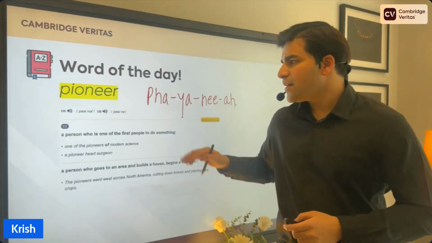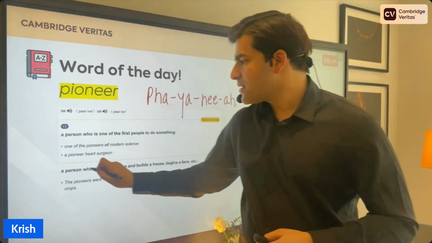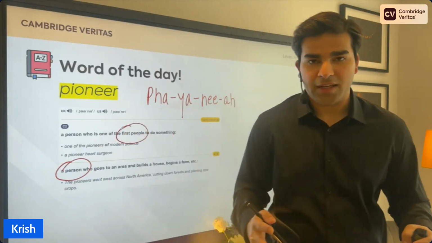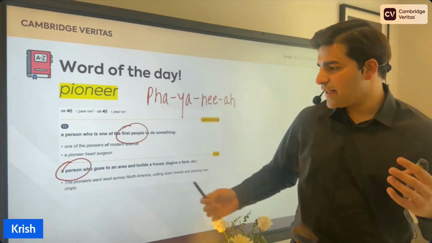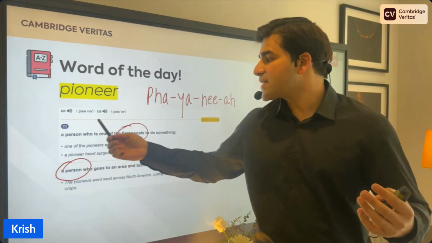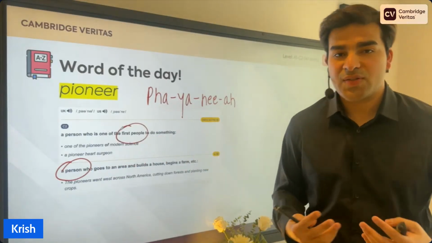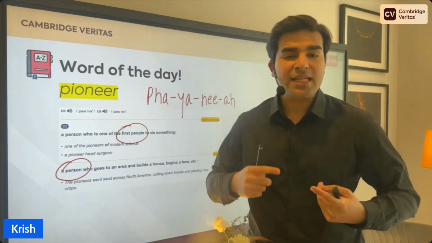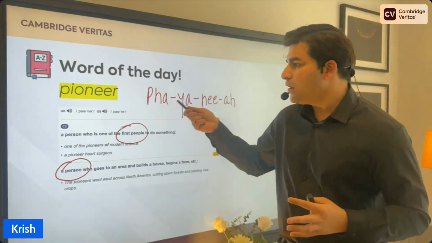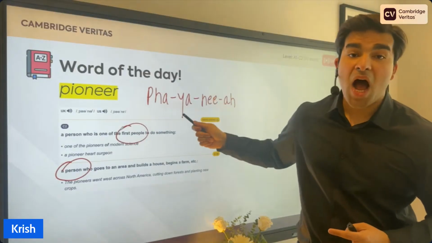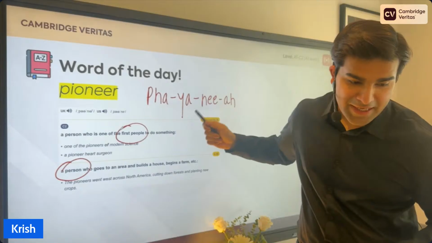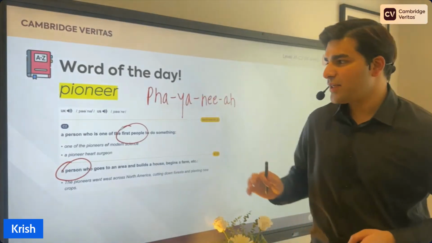A pioneer is somebody who is the first person to do something. It can be used, ladies and gentlemen, as a noun and as an adjective as well, but here, essentially, a noun. A person who is one of the first people to do something is called a pioneer. Invention, technology, coming up with a product, etc. Pronunciation, repeat after me: pioneer. Perfect. Pioneer.